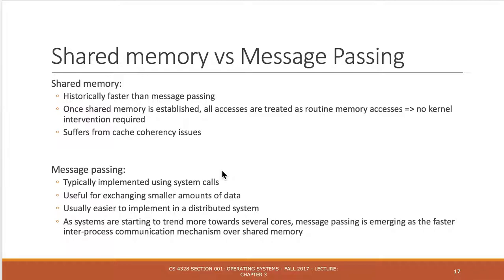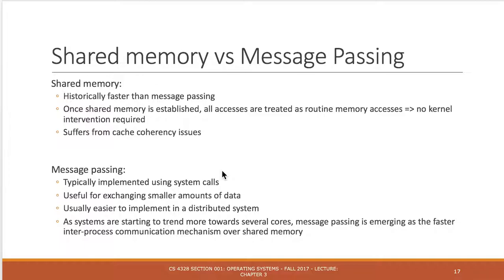Now, if we look at message passing in additional detail, both message passing and shared memory require system calls, but in message passing implementations the need for system calls continues to persist. It's not limited to the initial setup, as it is in the shared memory paradigm.